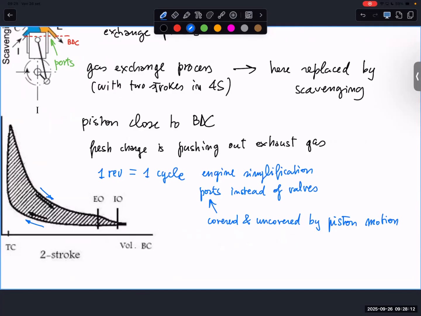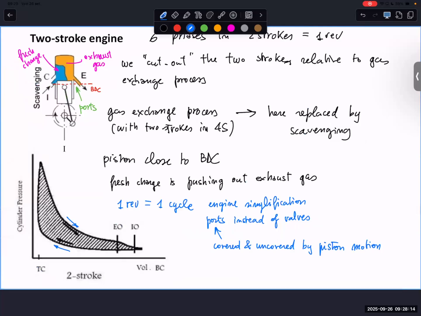Let's consider this scavenging. So we were saying that the piston is around top dead center. We have, in this case, both ports, on the intake side and on the exhaust side, open. Let me say intake port and exhaust port are open.